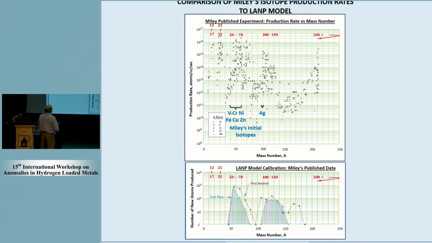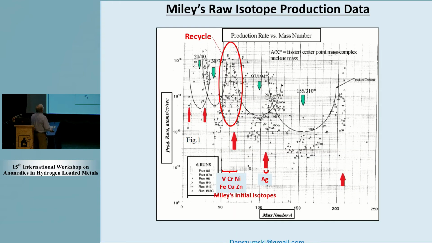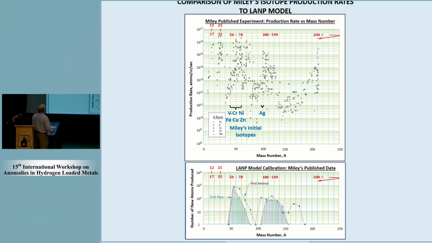This plot, when it finally comes up, shows the Miley experimental data up here. And this is the range in his initial electrode. And this is my first run.